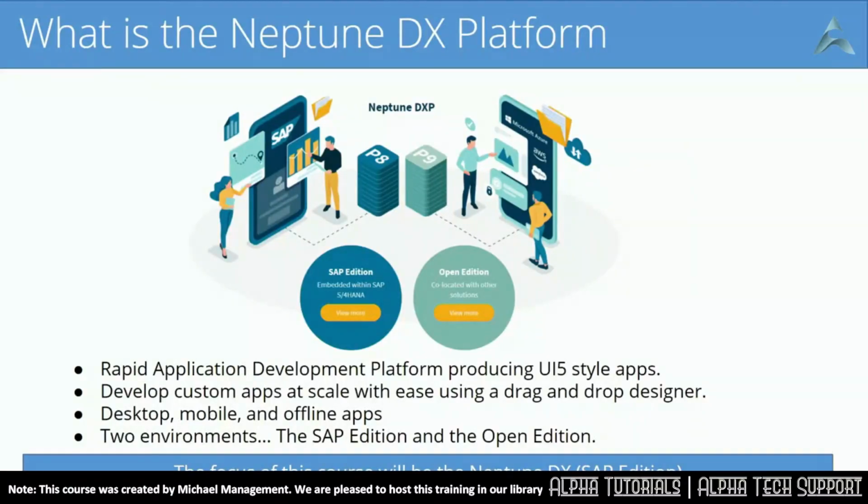The main difference is the SAP Edition sits on top of the SAP NetWeaver stack. It uses the native ABAP SAP language, and it communicates with the client browser through the ICF framework within SAP. The Open Edition, the cockpit looks and feels the same.